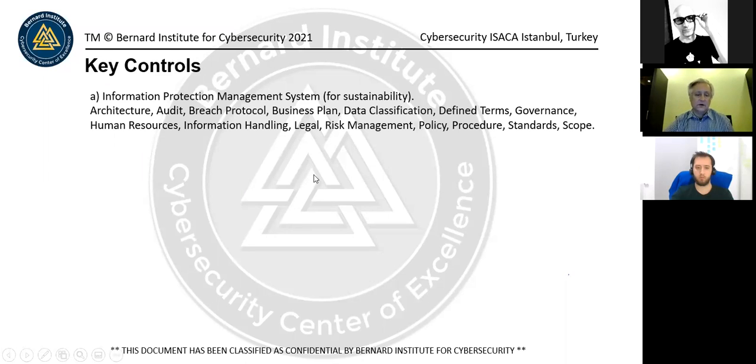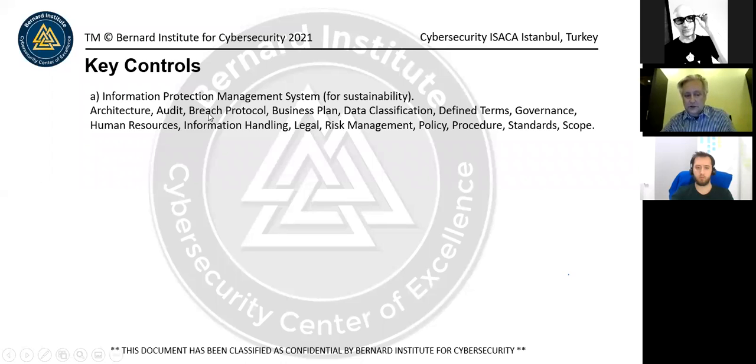Now, some of the key control areas, I definitely recommend that you have an information protection management system. So I think if you want to create any kind of sustainable process, you need to include some kind of a management system. And I'm going to explain the management system, but here's some of the different issues, areas that I mentioned in my analysis of the GDPR around that pie chart.